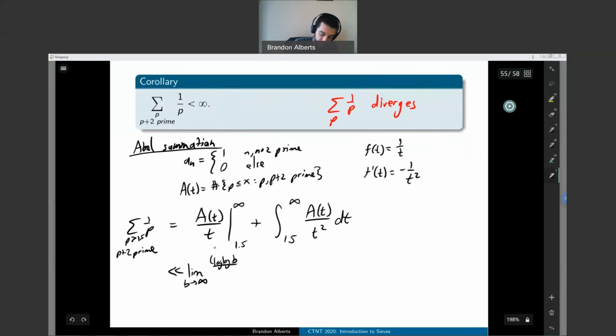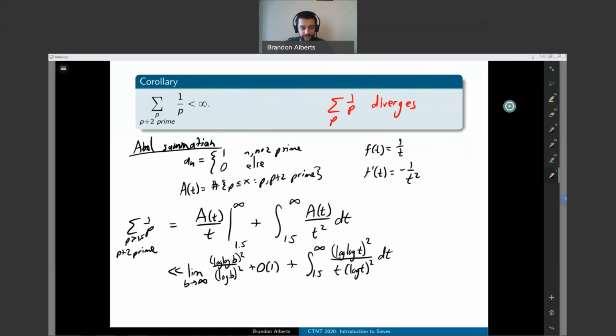Log b squared divided by log b squared plus a constant when we plug in 1.5. Now this integral will also bound above capital A. So we'll get log t squared divided by t log t squared dt.